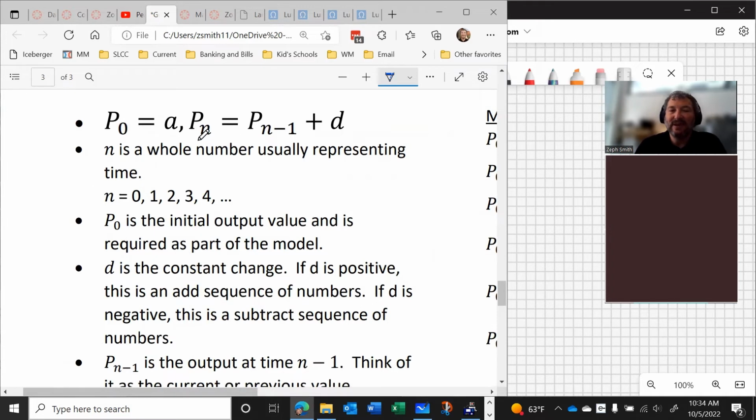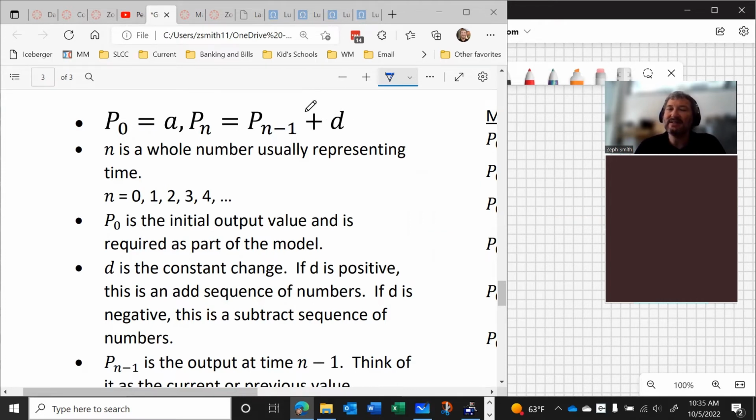Now, this stuff, P sub n and P sub n minus 1, that looks really messy. It's like, what is going on here? I've never seen anything like that. But if you use the words previous value and next value, then this makes a lot of sense. To get the next value, take the previous value and add d.